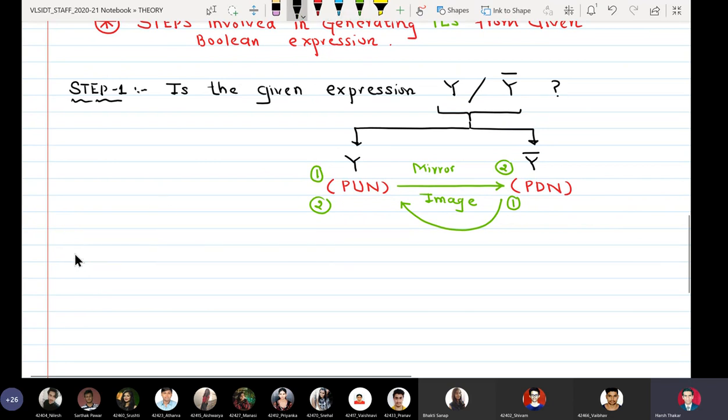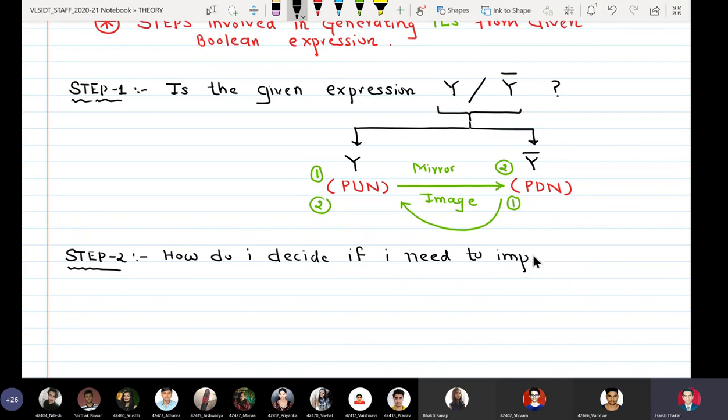So now step number 2. How do I decide if I need to implement y or y bar first?